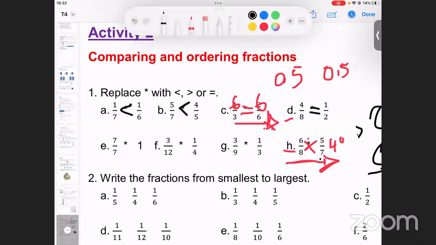And Ria, are you understanding? Are you with us? Yes. Okay, cool. Let's try to do EFG. You're supposed to do this one on your own, all right?